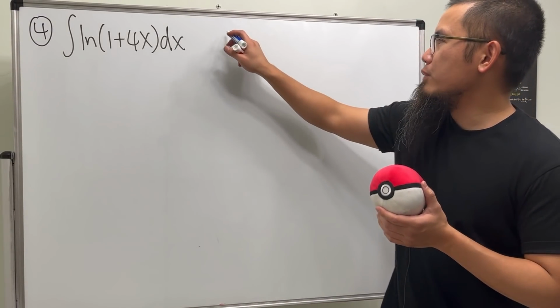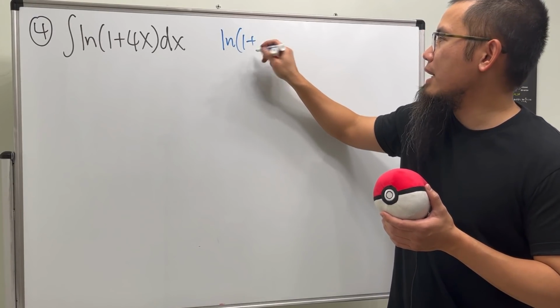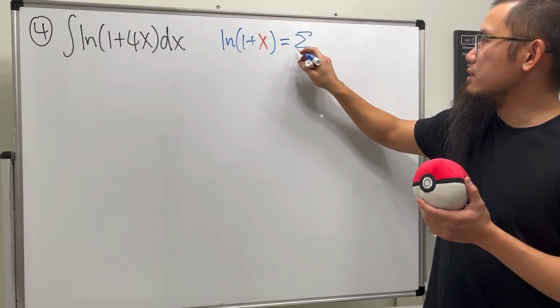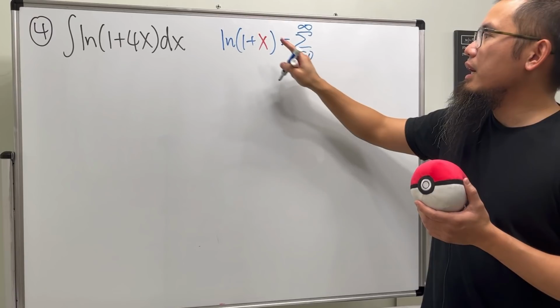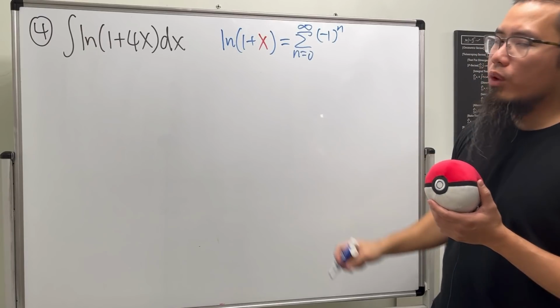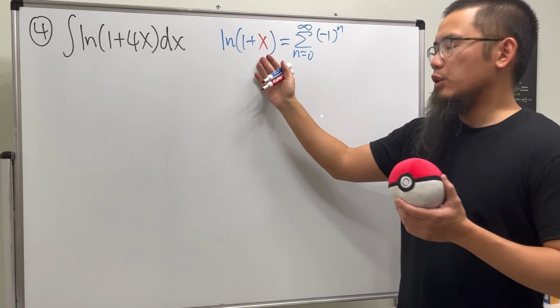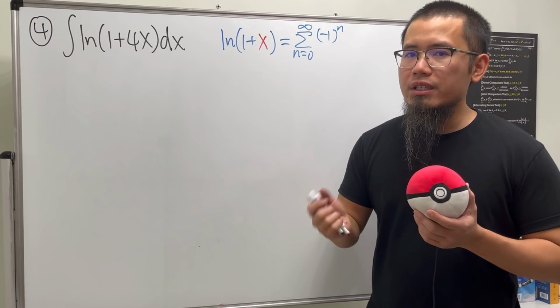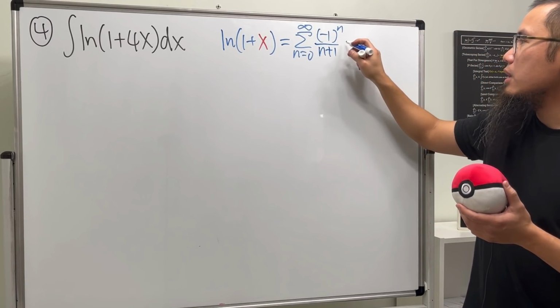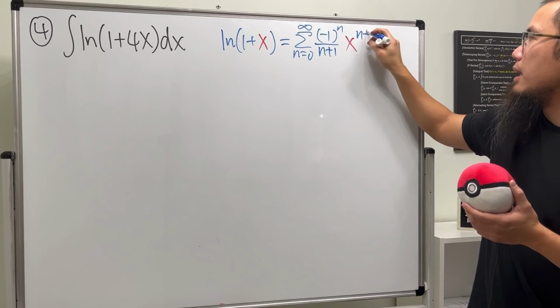So first off, we have to look at the power series for ln of 1 plus x, and this is how I remember it. Of course, this is a series as n goes from 0 to infinity. This right here alternates, so we have -1 raised to the nth power. And in fact, this is just the result after we integrate the alternating version of the best friend. So we just have the n plus 1 here, and then x to the n plus 1.